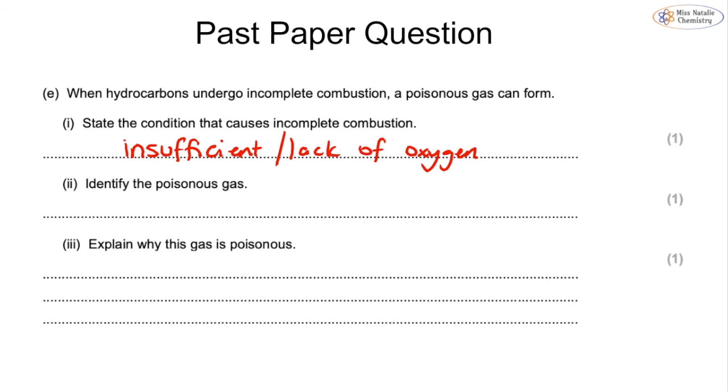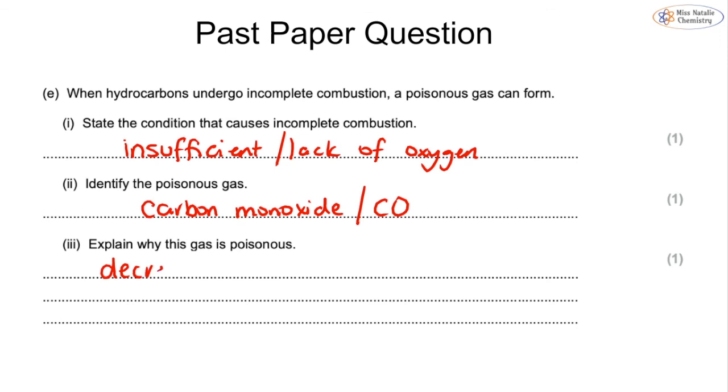Okay, you could also say that the oxygen is not in excess, but you cannot say no oxygen, because we do still have some oxygen in order for the combustion to happen, we just don't have enough. And we want to identify the poisonous gas, so that is carbon monoxide.